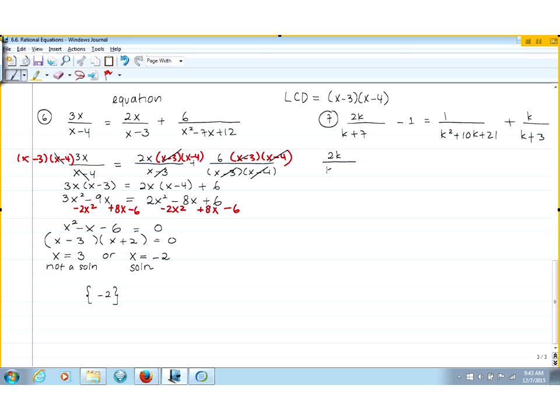So let's rewrite this. 2k over k plus 7 minus 1 is equal to, factor the k squared plus 10k plus 21. How do we factor k squared plus 10k plus 21? Yes, k plus 7, k plus 3, plus k over k plus 3.